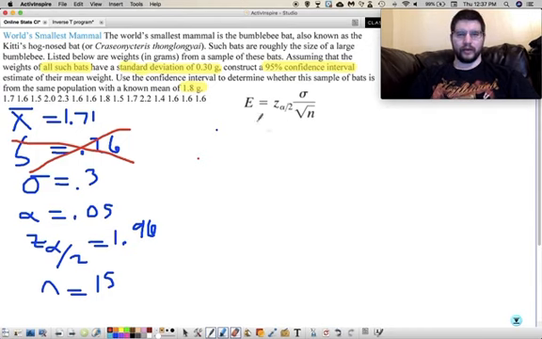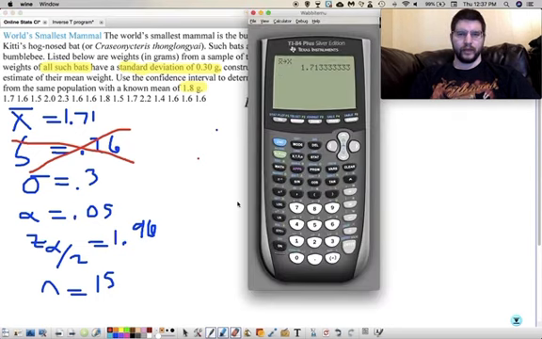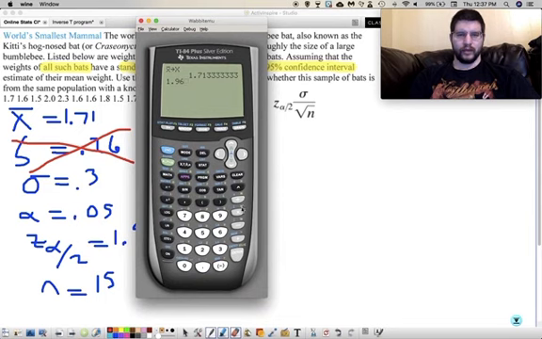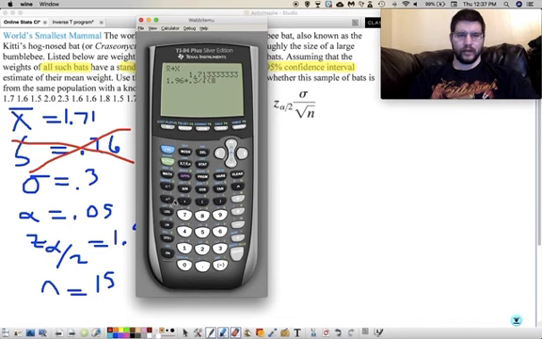And then we're going to type in our calculator this formula here. 1.96. That's my critical Z value. Times 0.3 divided by square root 15. Again, usually I like to put my numerator and denominator in parentheses. It won't hurt on this one because we're not adding or subtracting anything, and we only have one product in the denominator.